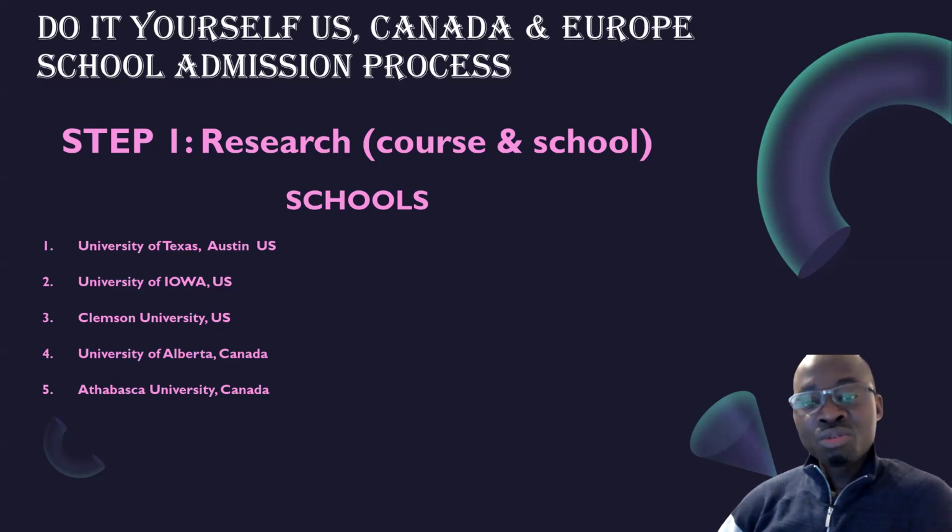These schools include University of Texas, Austin, US, University of Iowa, US, Clemson University, US, University of Alberta in Canada, and also the Athabasca University in Canada. All these schools exempt some African countries like Nigeria, like Ghana, and some other countries from taking the standardized test.